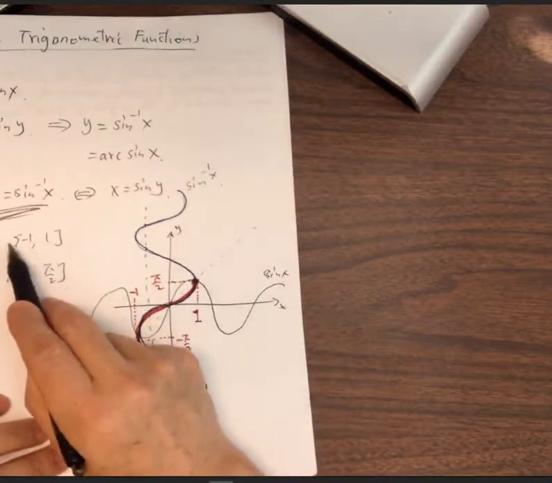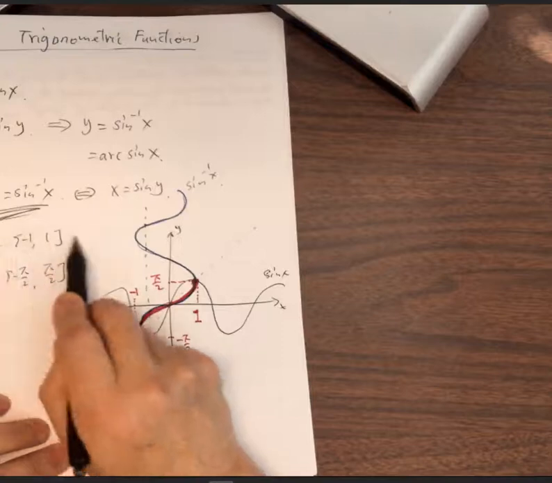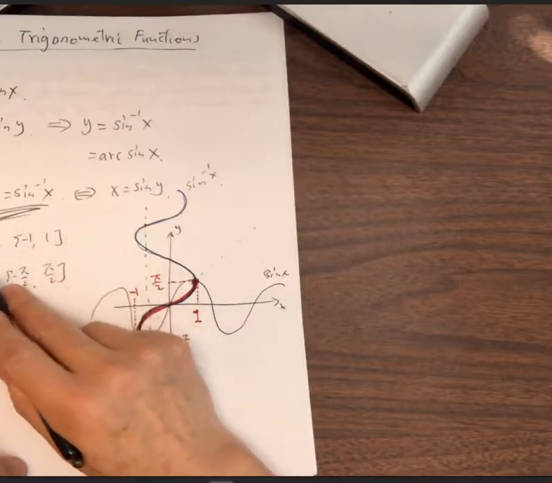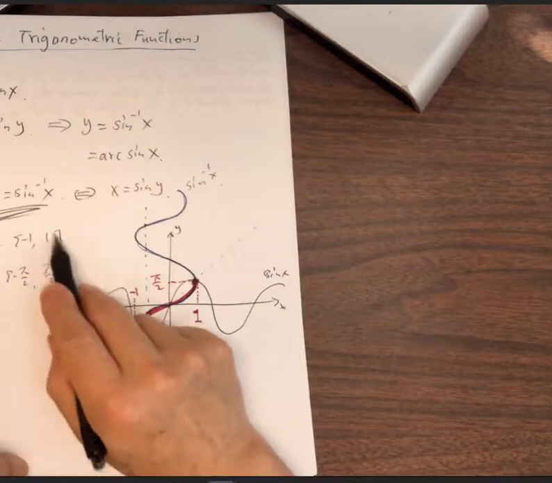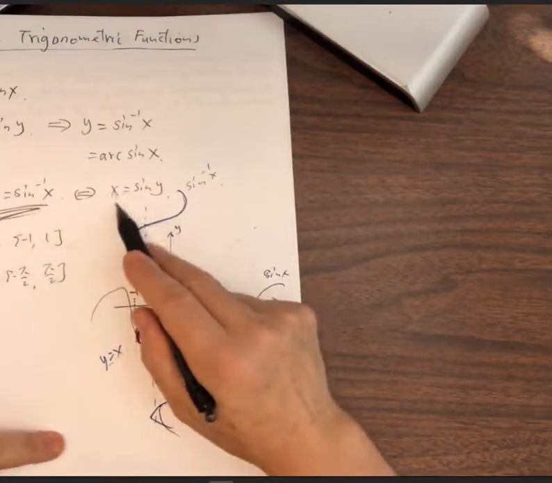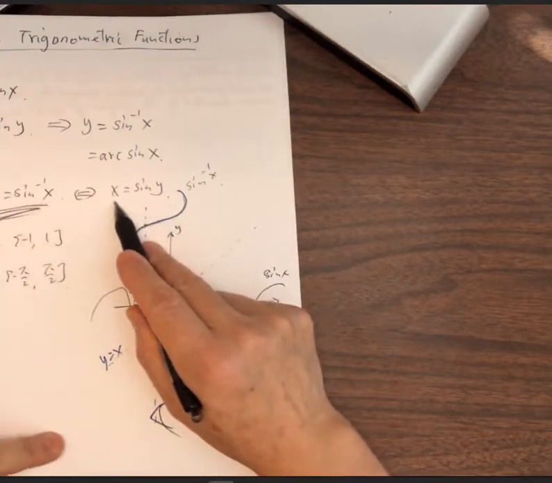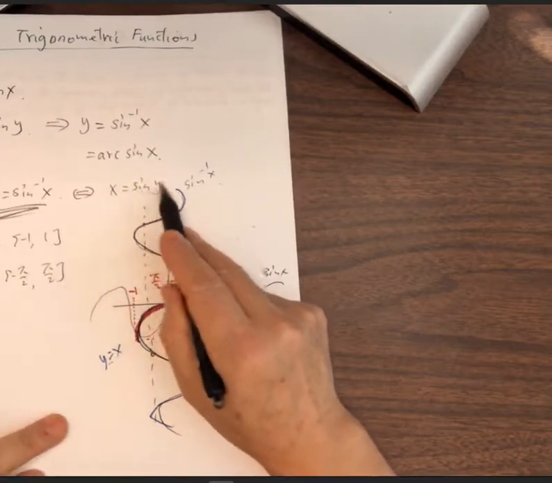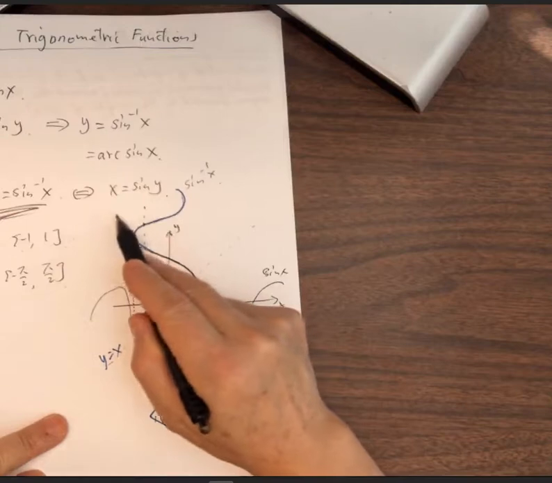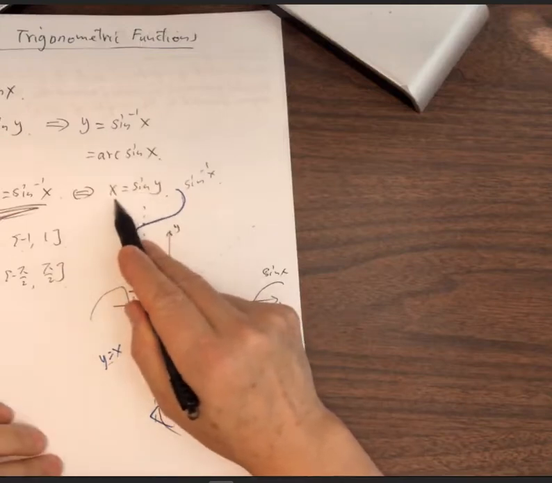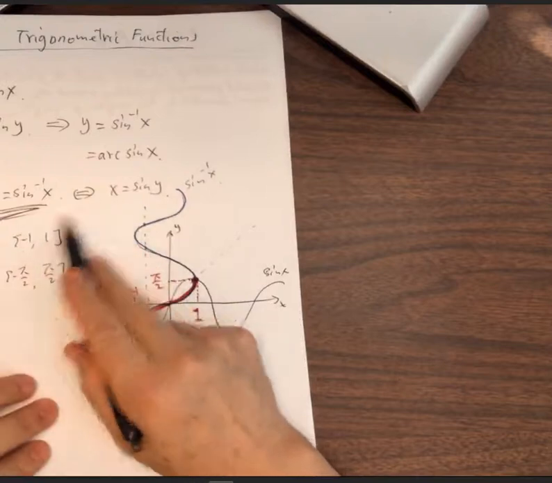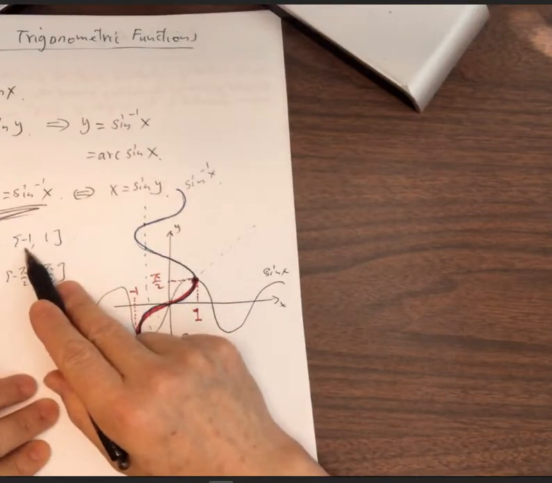In other words, any point outside is not in the domain, like +2 or -1.5 or -10. We cannot plug in and evaluate, and it makes sense. Look at here. x is supposed to be the sine value, some sine value. Sine is never more than 1 or less than -1.